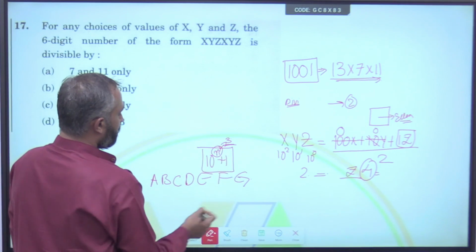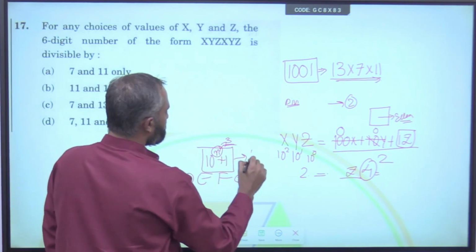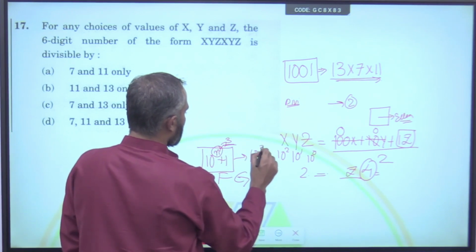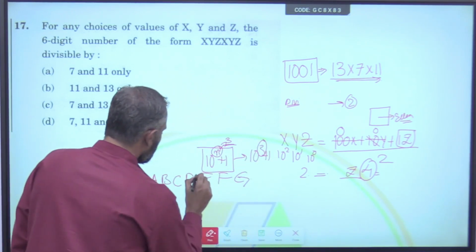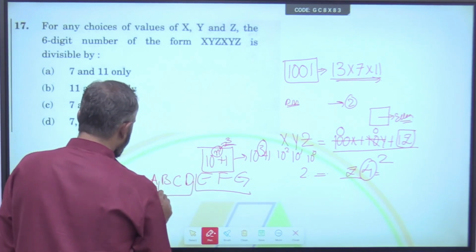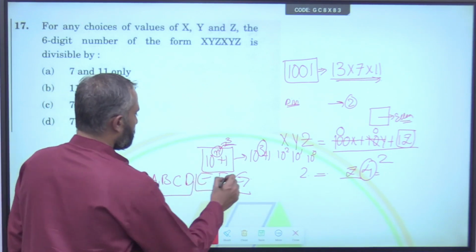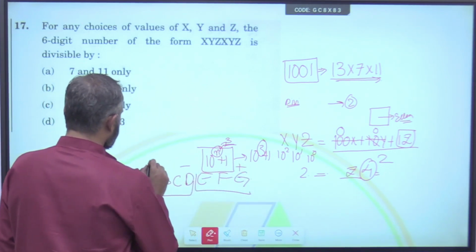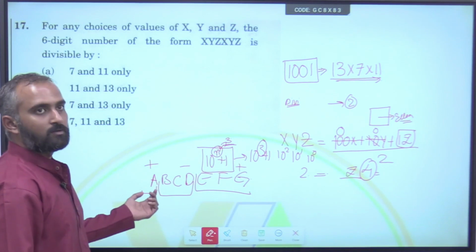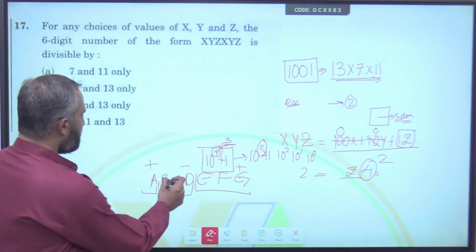If it is 10 to the power of n plus 1, make blocks of n digits. For example, 1000 is 10 to the power of 3, so make 3-digit blocks. EFG is one block, BCD is one block and A is another block. And alternate between positive and negative signs.